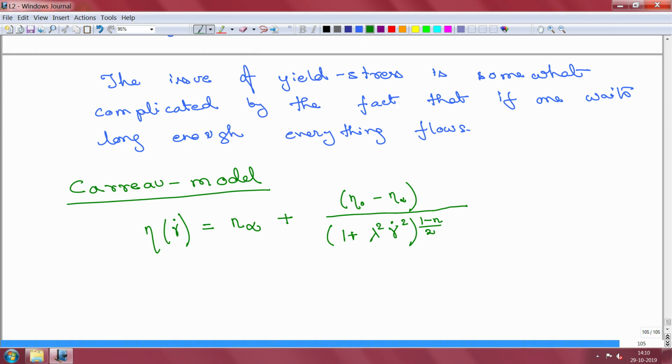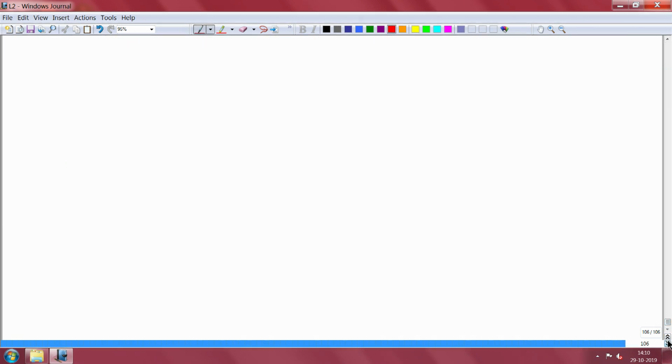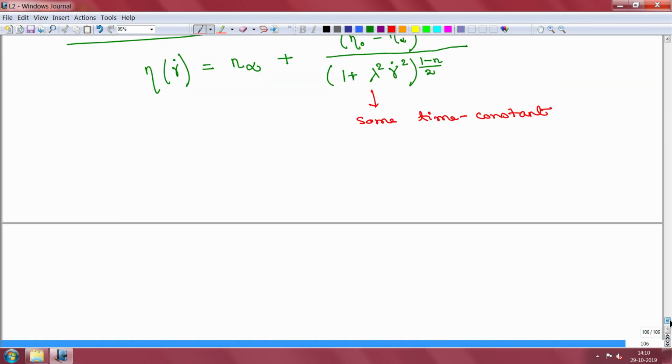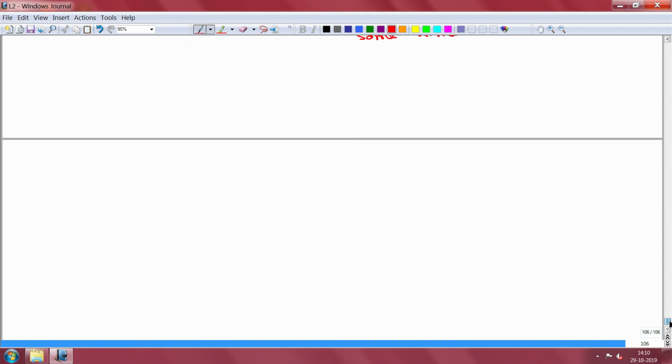Okay. And here I have to specify that this lambda is some time constant, and it may or may not be related to your viscoelastic time scales. Okay. So, lambda is just a parameter in this equation, and this equation relates a few quantities, and maybe it is best to draw a graph here and then explain. Okay.